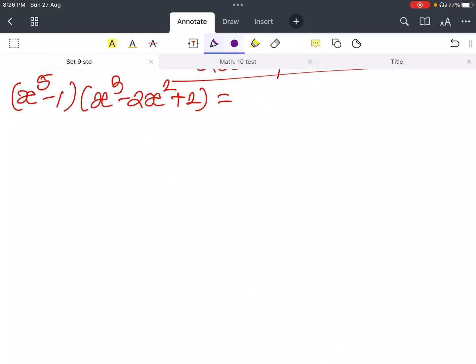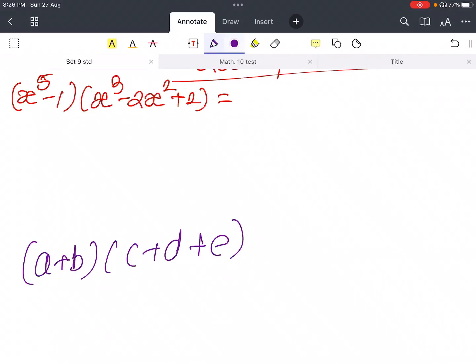First of all, compare this with a plus b into bracket c plus d plus e. According to the rule, a is multiplied with this whole bracket. Similarly, b is also multiplied with this whole bracket.